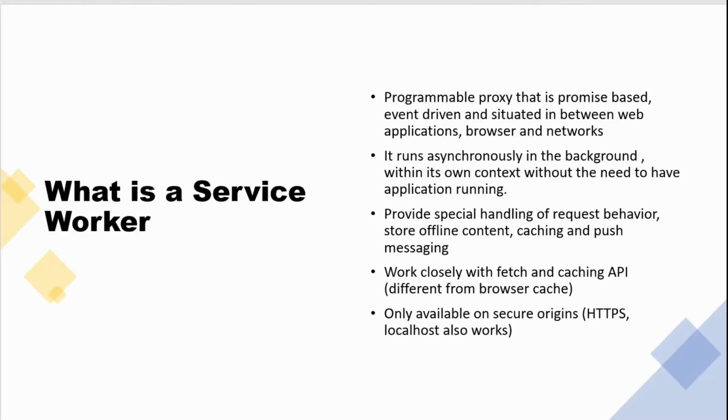Commonly, it is used to provide special handling of request behaviors, store offline content, caching, and push messaging. It's able to do all these things because it's usually implemented with the fetch and caching APIs. Also, for security reasons, in production, the service worker is only allowed on secure origins, so HTTPS. It also works on localhost for testing purposes.